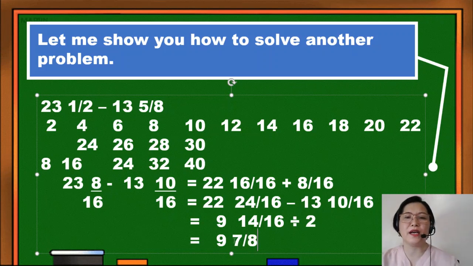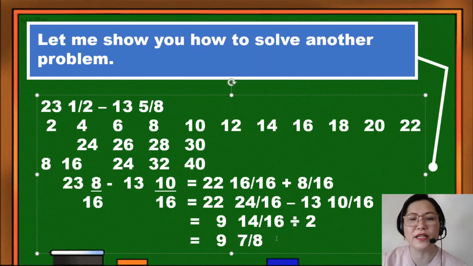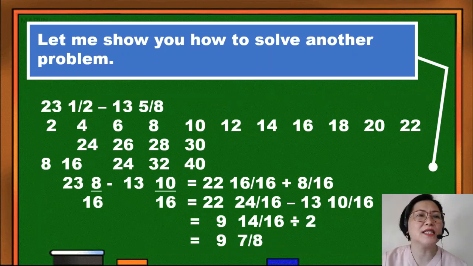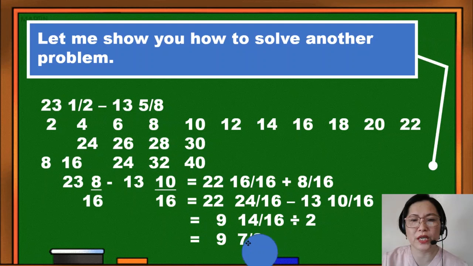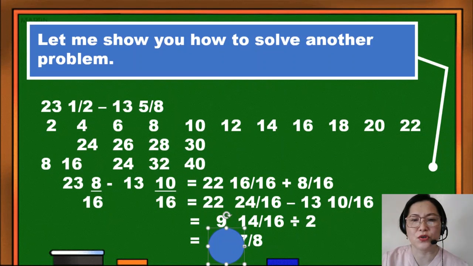So, is 9 and 7/8 the final answer? Yes, because 7/8 is already at its simplest or lowest term. So we will just put a circle to show that it is the final answer.